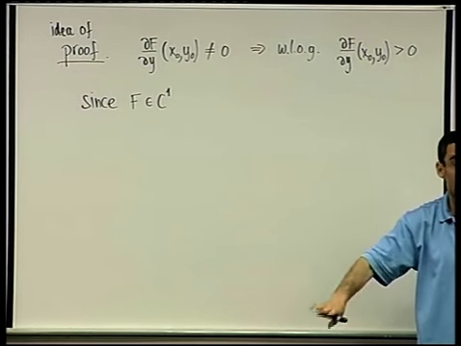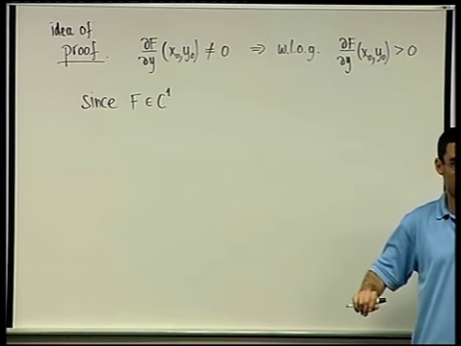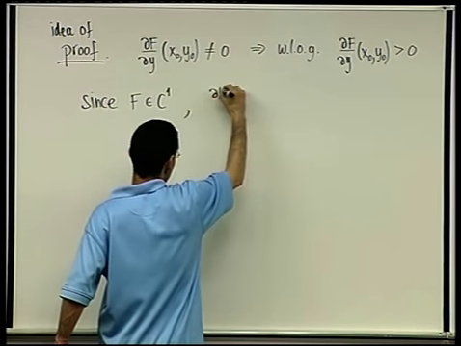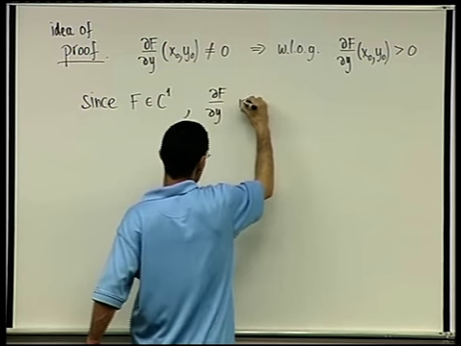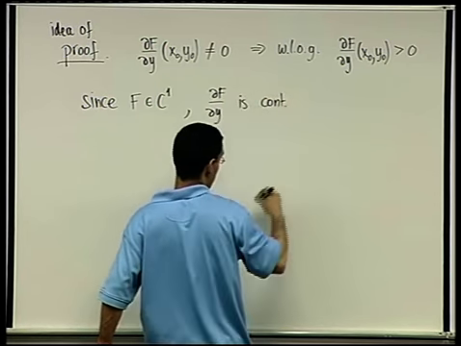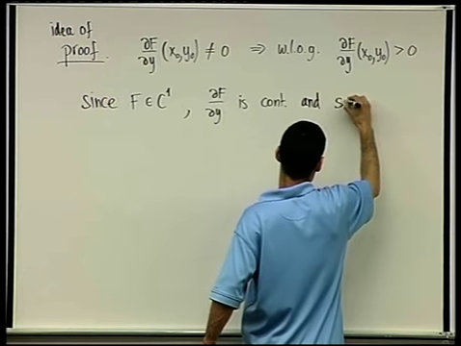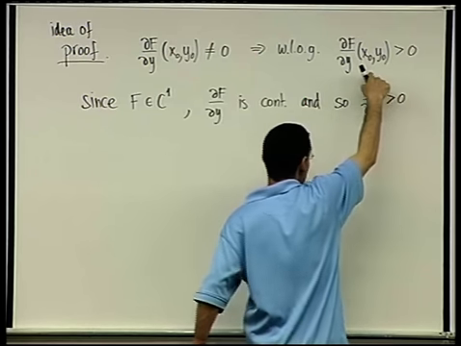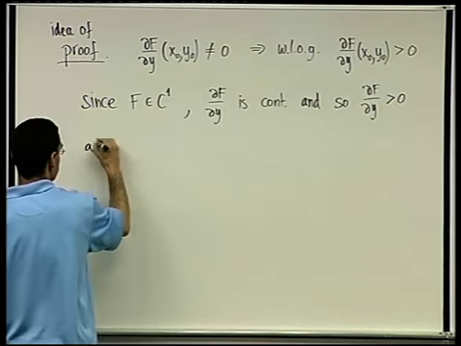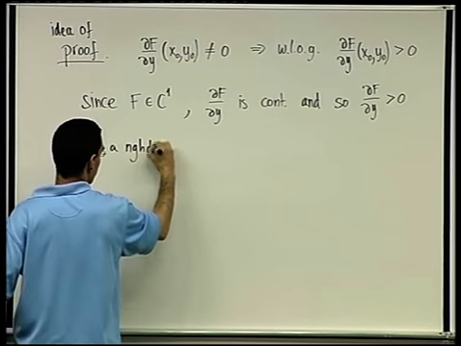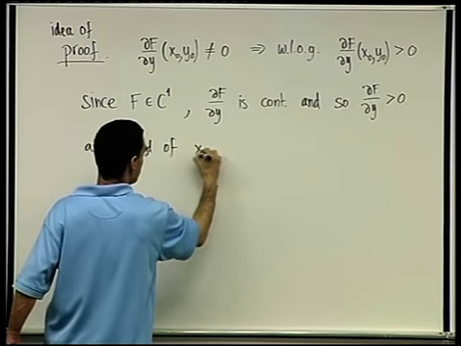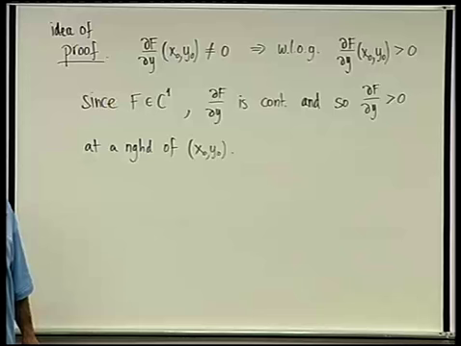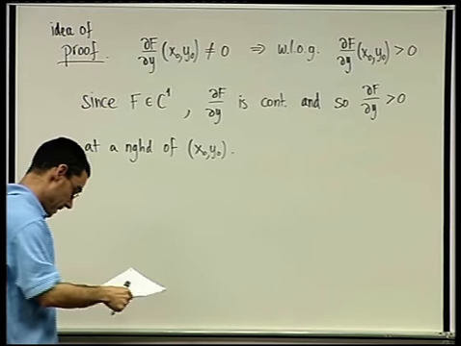If it's going to be negative, it's going to be negative a bit further away. Do you agree? So since f is in C1, df to dy is continuous, and therefore df to dy is positive, not just at the point, but in a neighborhood of x0, y0. Do you agree? Everybody? Okay.